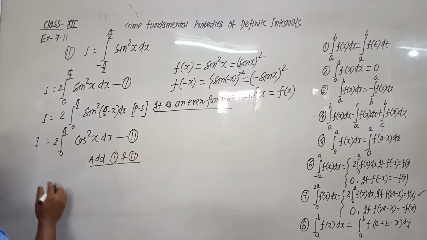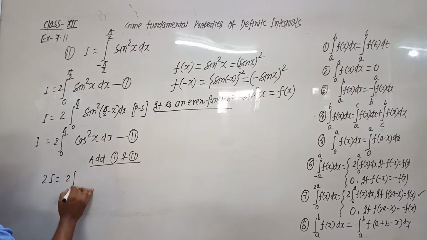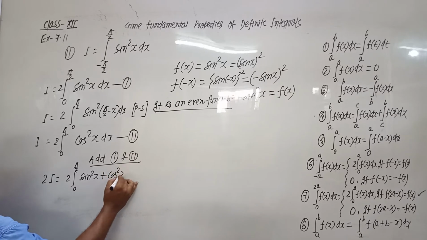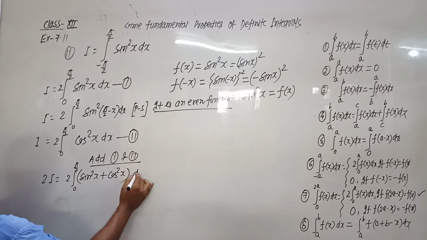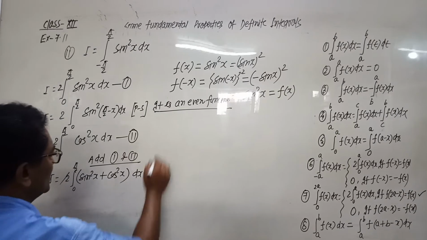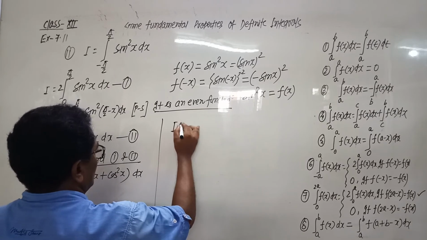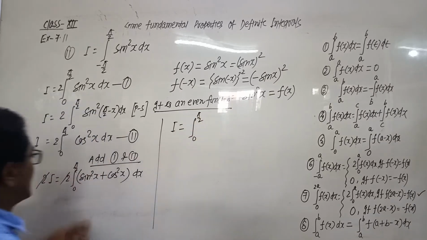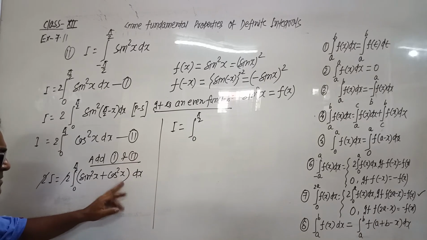Adding equation first and second, we get I plus I equals 2I, and 2 is common, the integral from 0 to pi by 2 of sin square x plus cos square x dx. So 2 and 2 get cancelled, and I equals the integral from 0 to pi by 2 of 1 dx, because sin square x plus cos square x becomes 1.